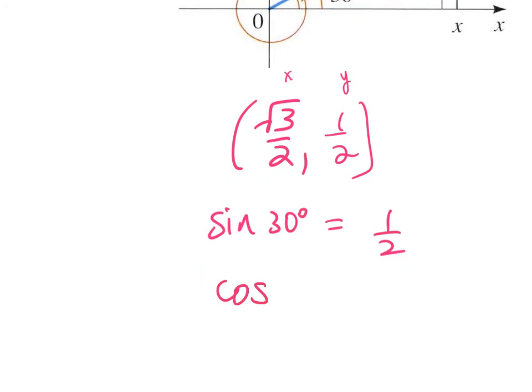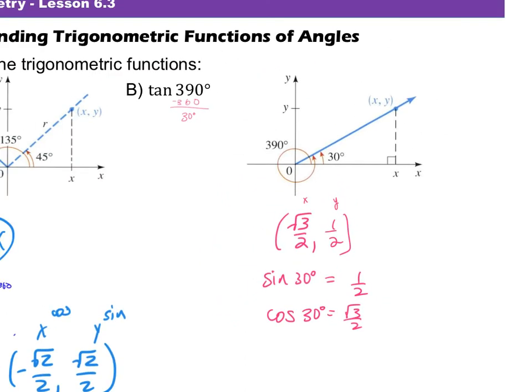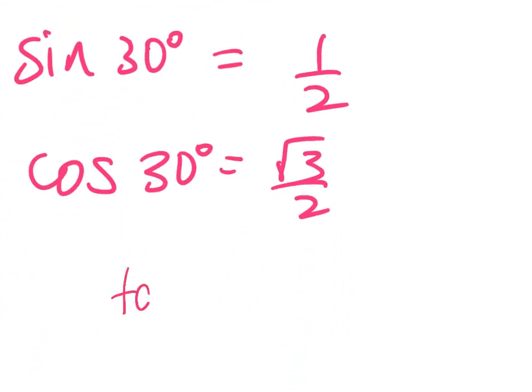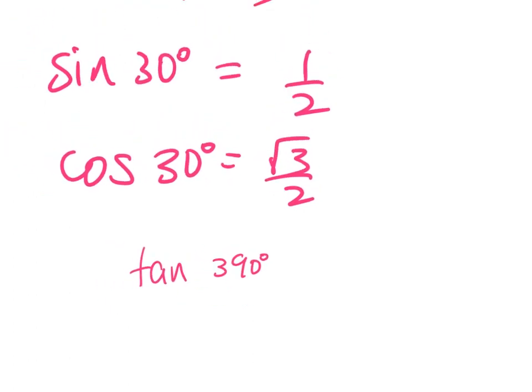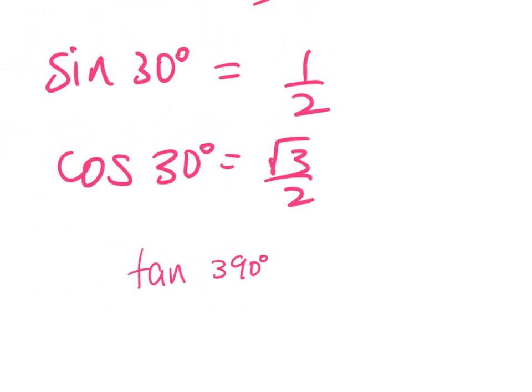If I asked you what the cosine was, you would tell me it's the x value, which is root 3 over 2. What are they asking for here? The tangent of 390, same as 30 degrees, is what over what? What's tangent? Look back at your notes. What over what? Okay, but with our x, y's, and r's.